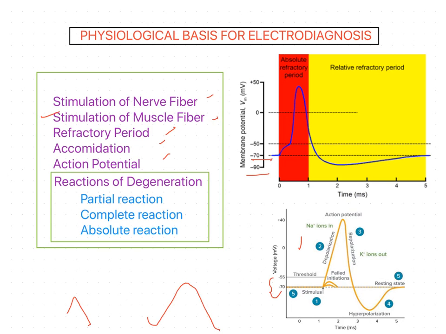So the electrical properties of both nerve and muscle must be considered in electrodiagnosis.